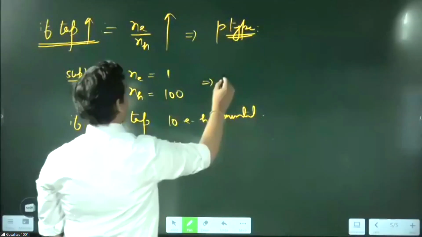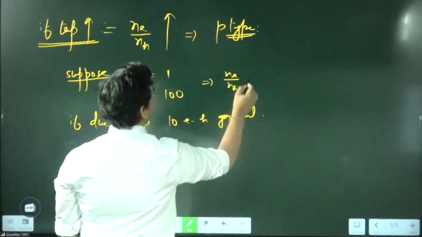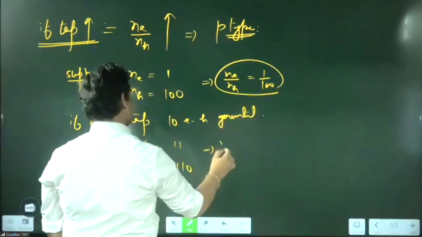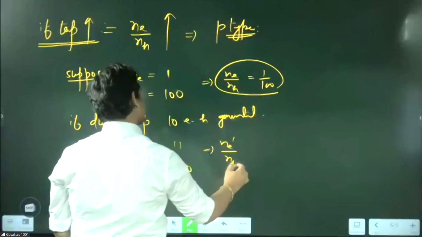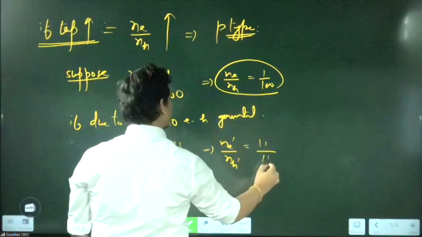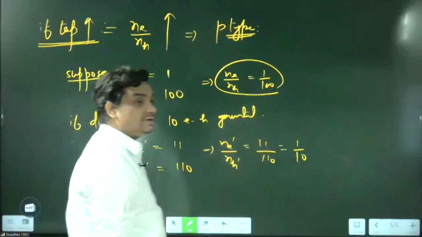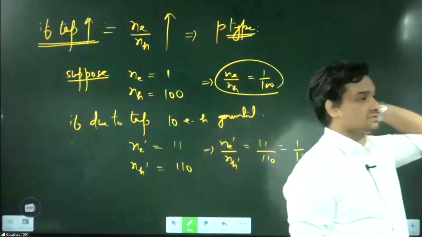If you find Ne by NH, the initial ratio was 1 by 100, but now Ne dash by NH dash becomes 11 by 110, that is 1 by 10. So this ratio is increased.